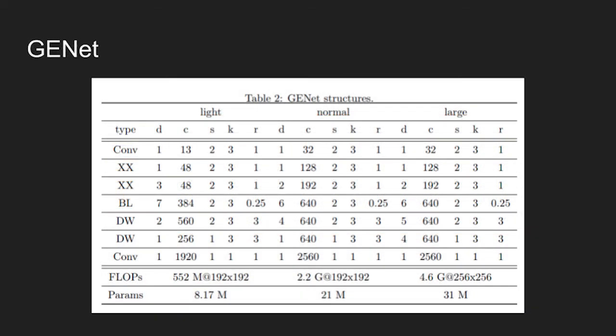And starting from the initial architecture, which is the MasterNet, local linear regression NAS is used to optimize the structure of the network. And using the algorithm, the network finds light, normal, and large family of networks with different number of parameters. For more details of neural architecture search method, I suggest reading the paper in detail.